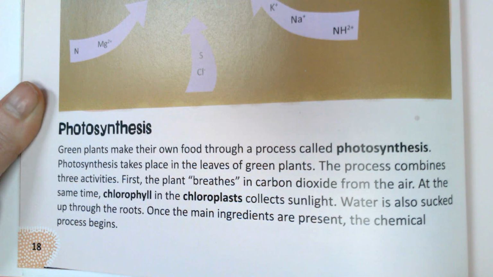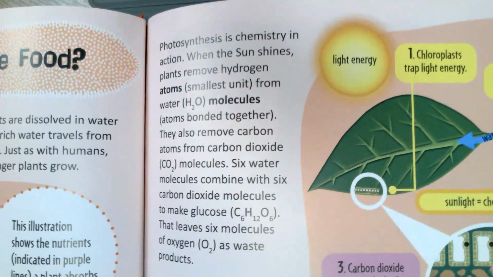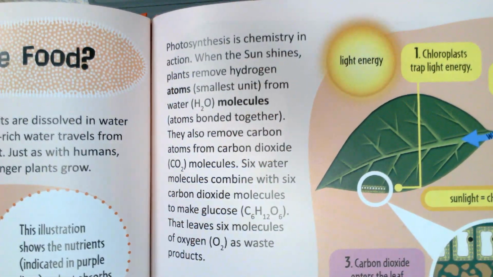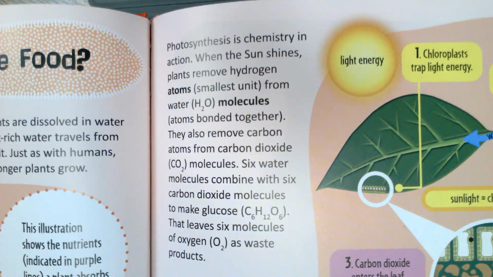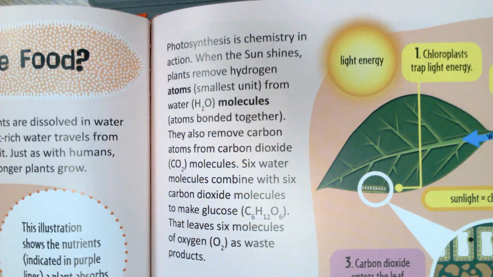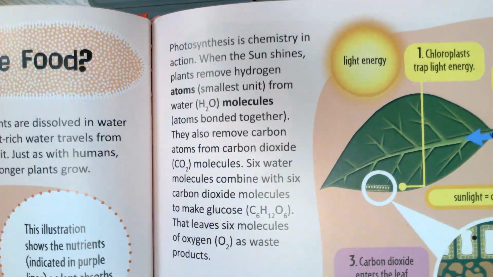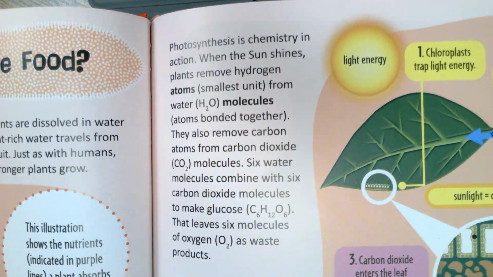Once the main ingredients are present, the chemical process begins. Photosynthesis is chemistry in action. When the sun shines, plants remove hydrogen atoms, smallest unit, from water, H2O molecules, which are atoms bonded together.